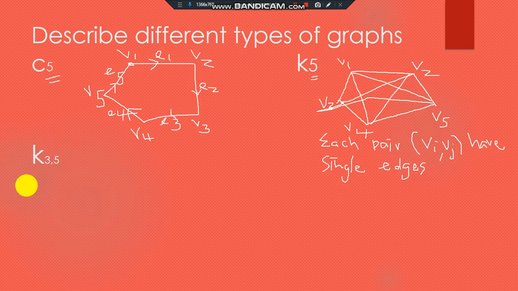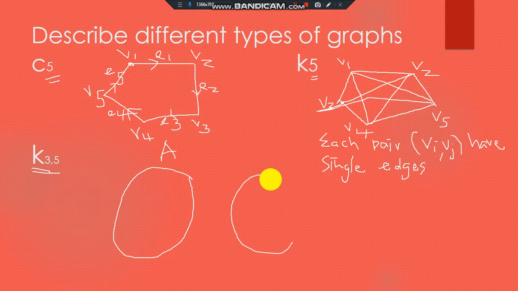Now what about this? This is called a bipartite graph. First, what are the numbers here? We have 3, here 5. So we have to divide into two groups, A and B. Then in the first group we have to take 3 vertices because 3 is given here.